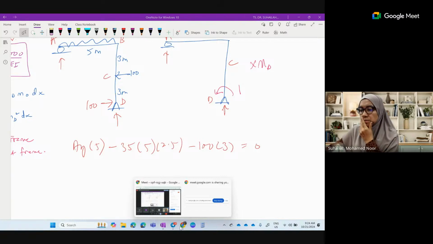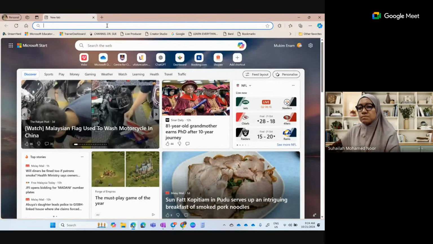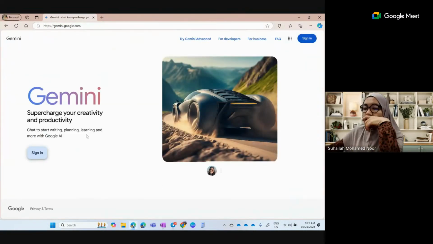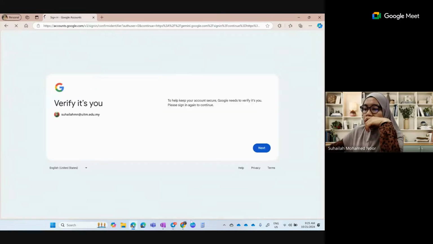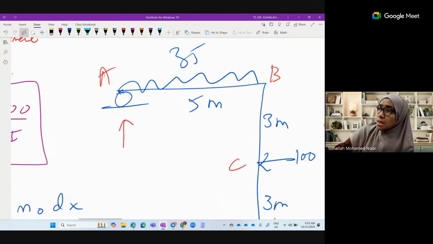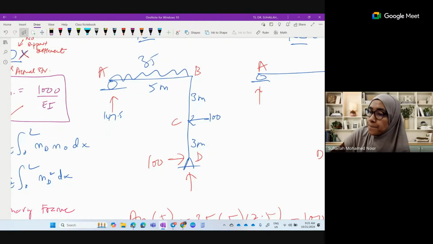Okay. Apa jawapan dia? So AY 147.5. So this is 147.5. So DY? 27.5.